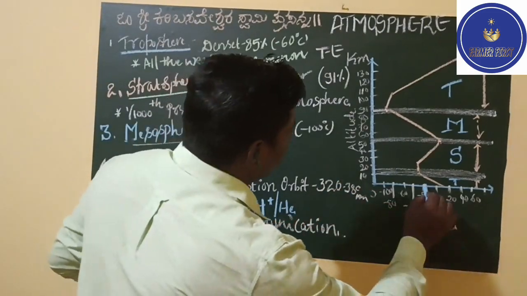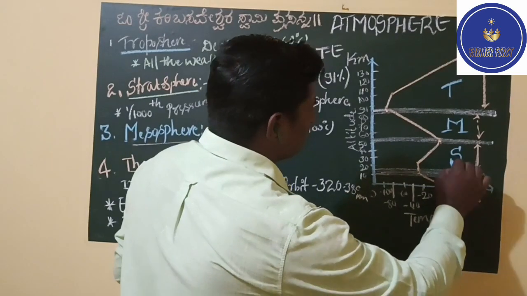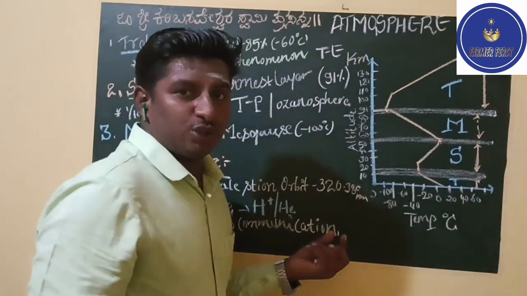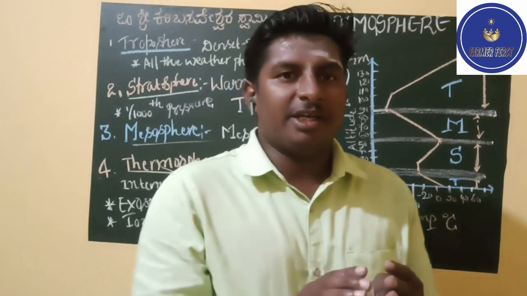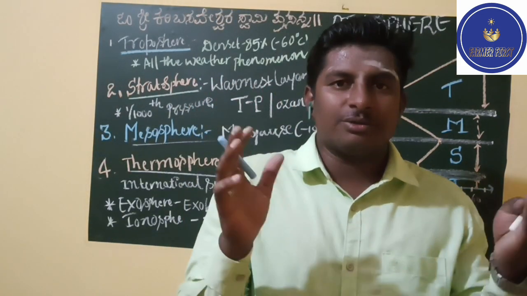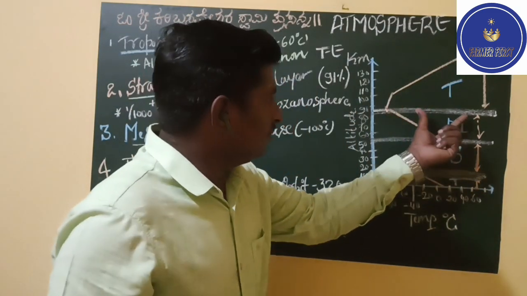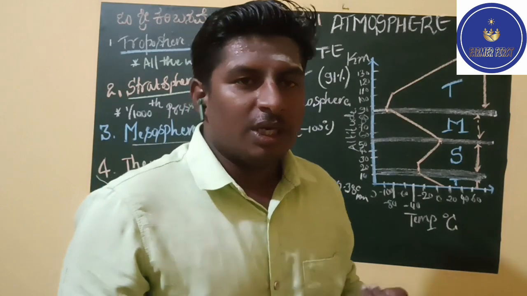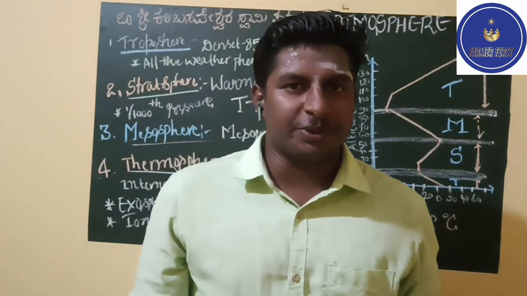The first stratum is called the troposphere, the second one is the stratosphere, the third one is the mesosphere, and the fourth one is the thermosphere. The intermittent layers which will come are called the tropopause, stratopause, mesopause and thermopause, and out of this one more layer will come, that is called the exosphere.